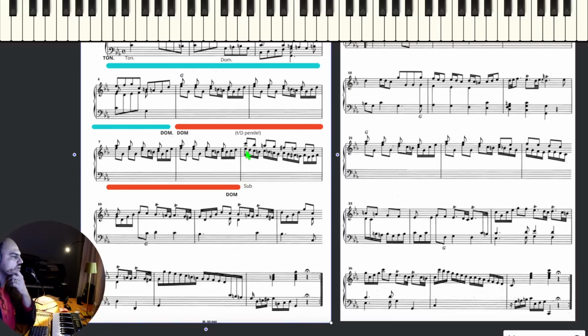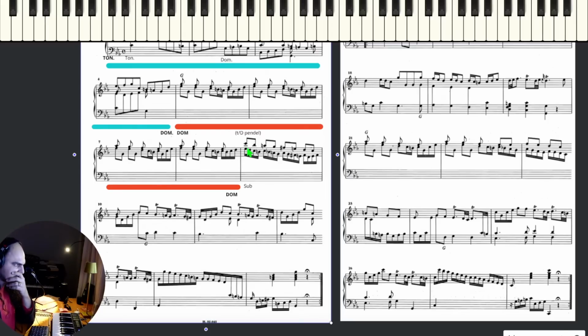And how do you know that is a C minor? Now you need a little bit of knowledge that I can give to you. So in two parts, counterpoint, the sixth will always imply a triad somehow. Okay?